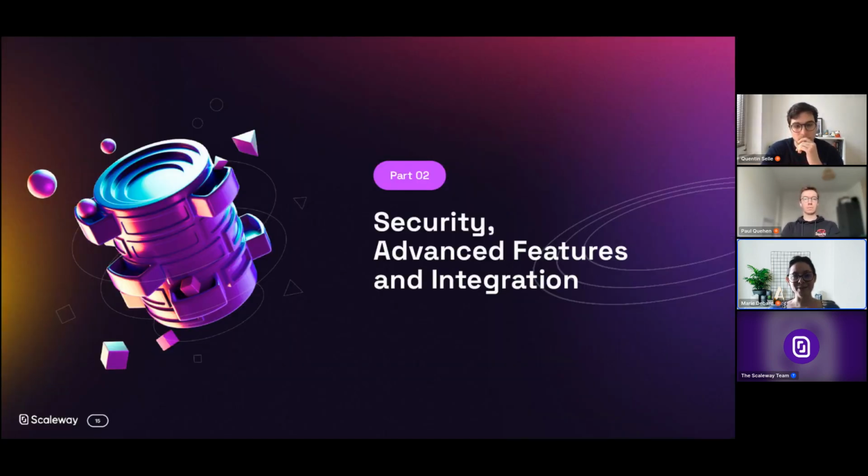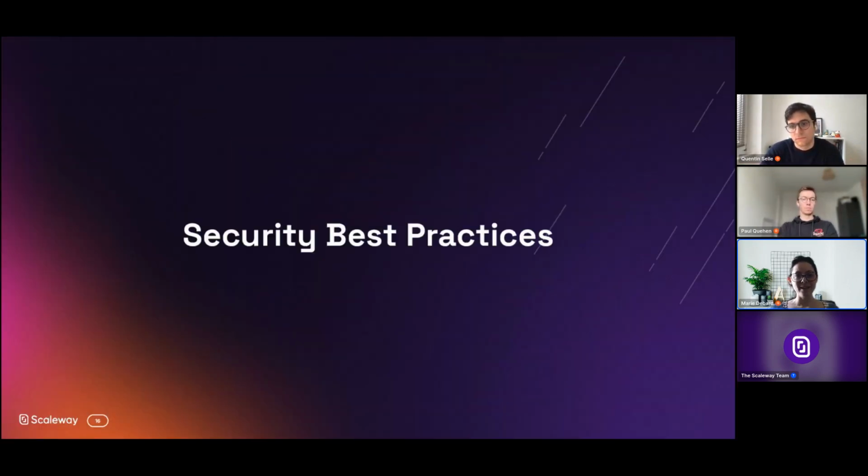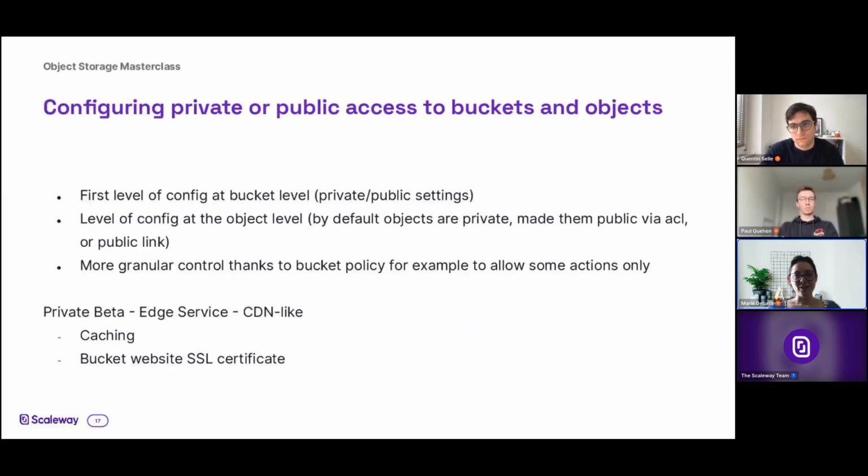So now that you have the basics, let's talk a bit about security and see what the best practices are that you need to put in place to use object storage securely. The first one we can think about is, at bucket creation, you've understood that you can configure the status, private or public.